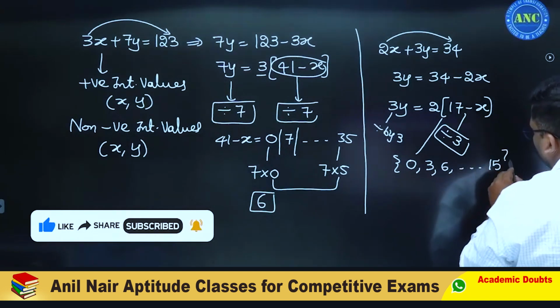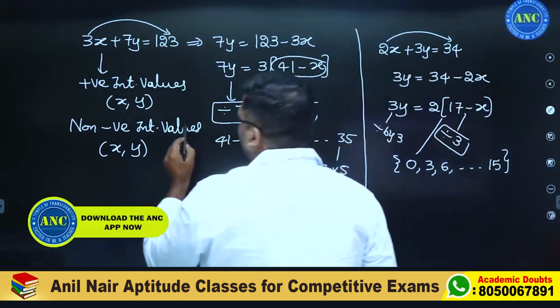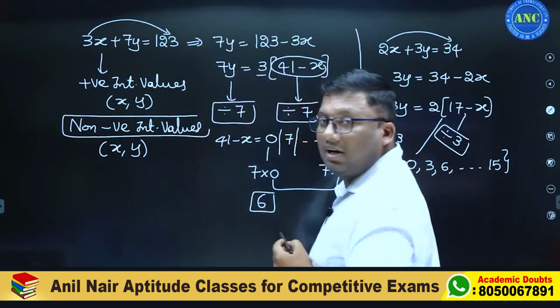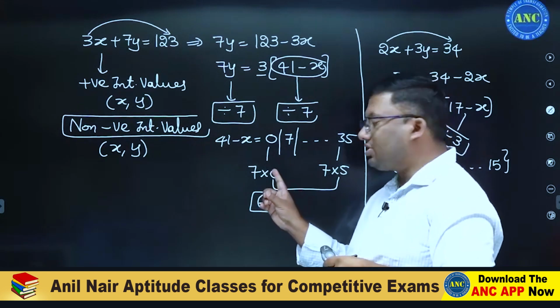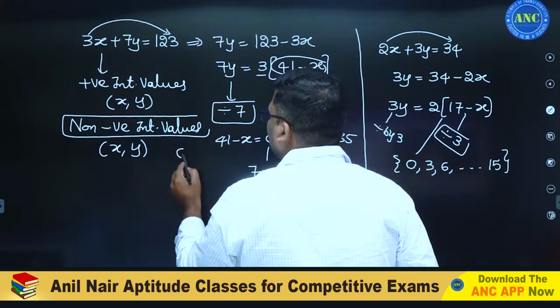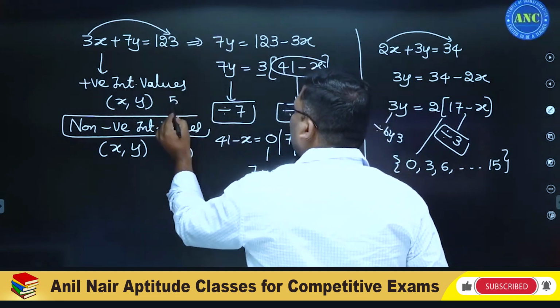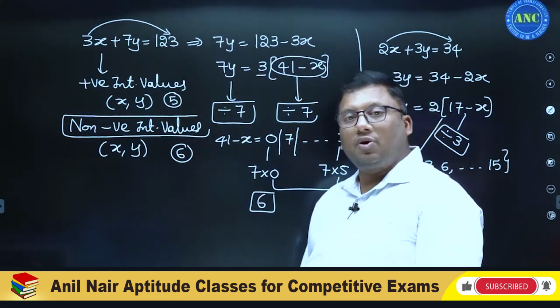I cannot take 18 because x will become negative. x and y are non-negative integral values, which means it can start from 0. 0 to 5, so for the first one the answer is 6. Here x, y both being 0 should not be taken, so the answer is 5. I hope it is clear.